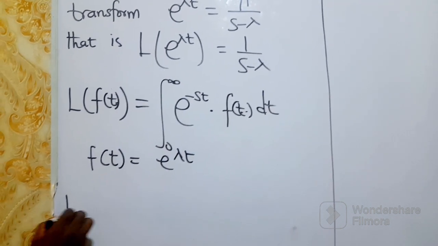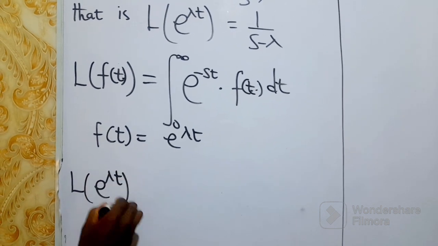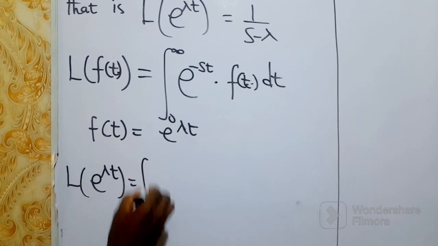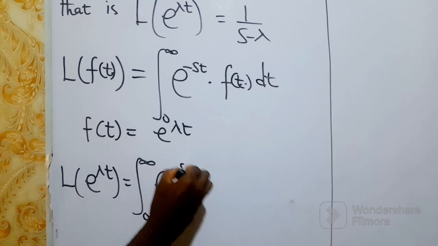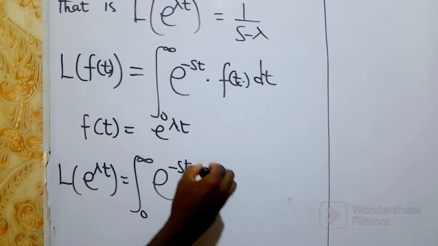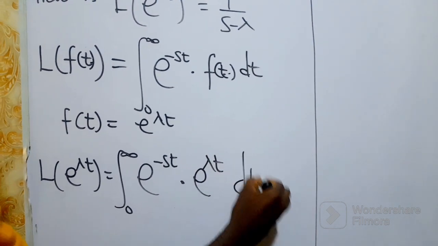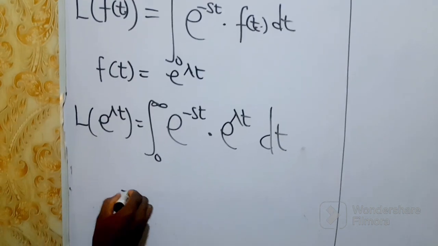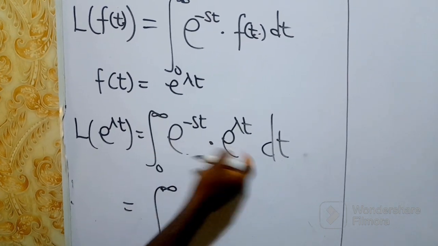So we can say the Laplace transform of e exponent lambda t is equal to the integral spanning from 0 to infinity of e exponent negative st times e exponent lambda t dt. So we can say this is the integral spanning from 0 to infinity. So we'll use indices to join this.